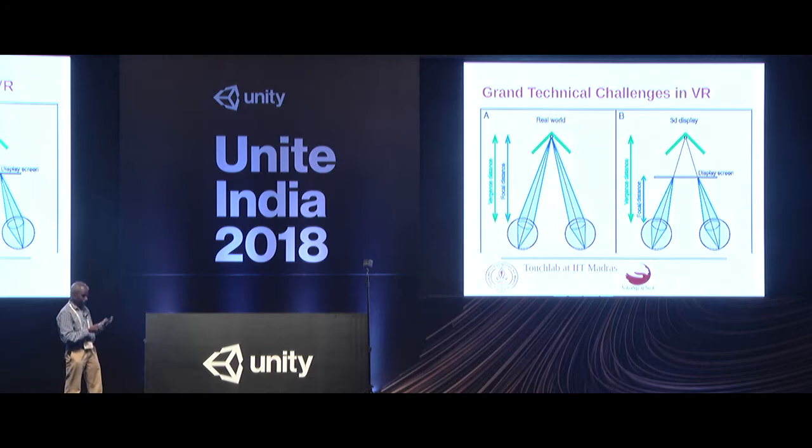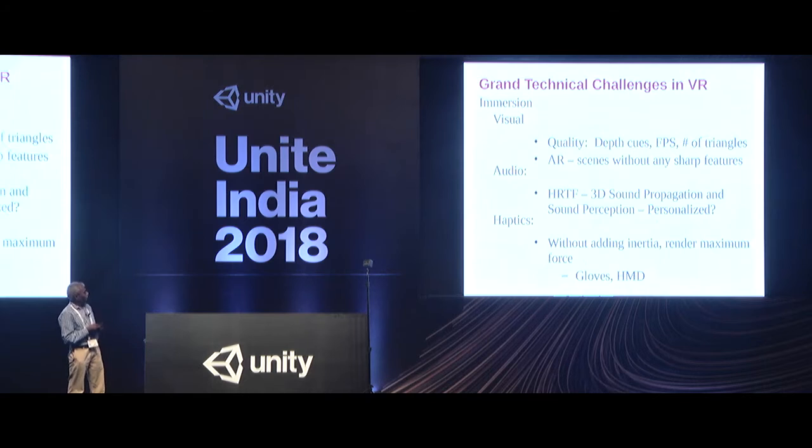That is a very well known conflict as far as virtual reality is concerned, and it is inherent in all the virtual reality systems. Similarly, in haptics also there are some conflicts. That is what our research finding is. I will focus on the grand challenges as far as haptics.